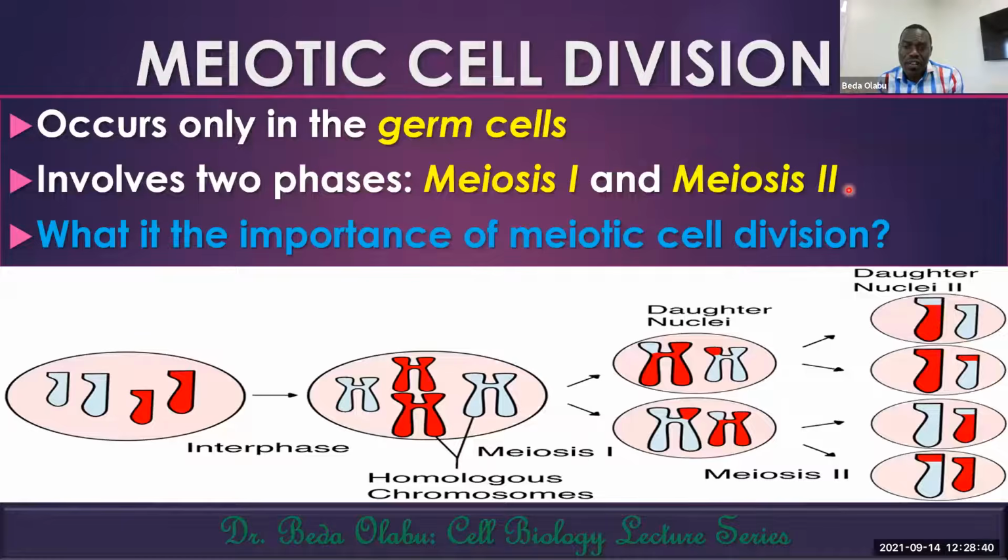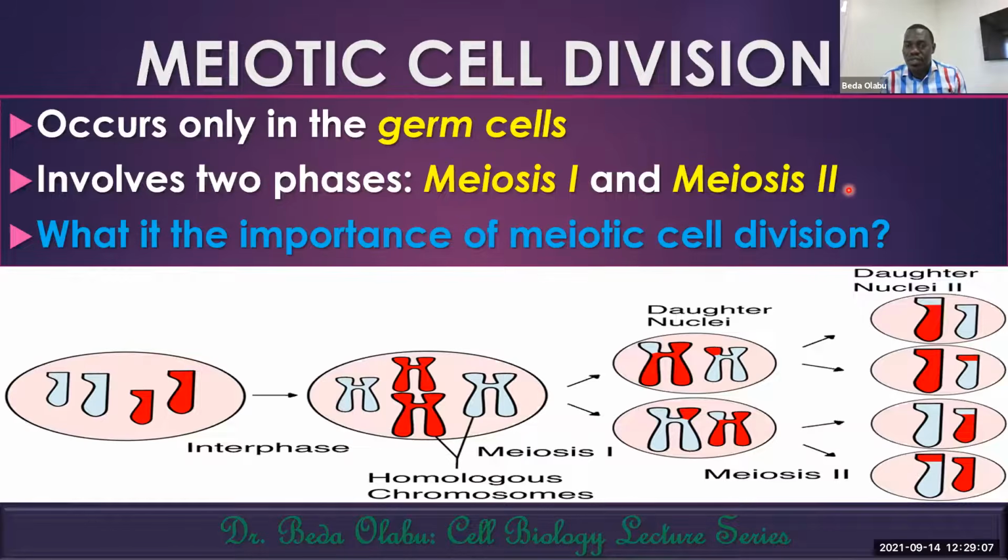Otherwise, every time human beings get offspring, the offspring will be having more genetic material than the parent cell. So again, it's a mechanism of ensuring that we have the same number of chromosomes throughout generations.